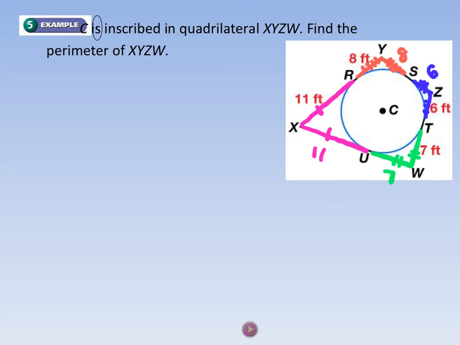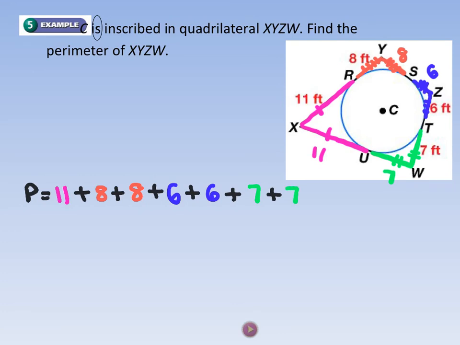Now to find the perimeter, we're just going to add up all the side lengths. So the perimeter equals 11 plus 8 plus 8 plus 6 plus 6 plus 7 plus 7 plus 11.